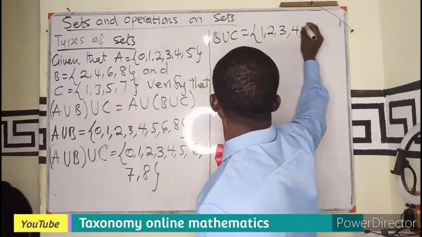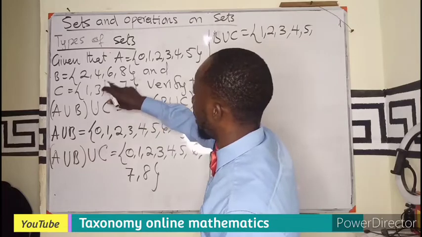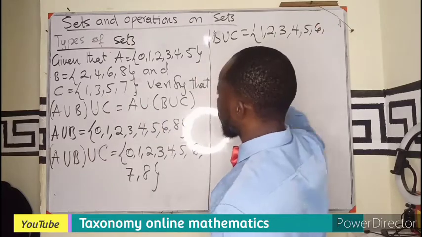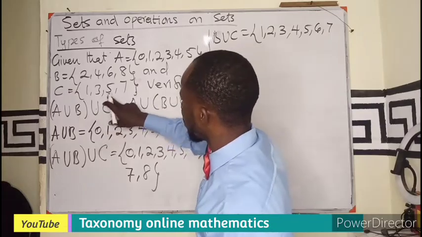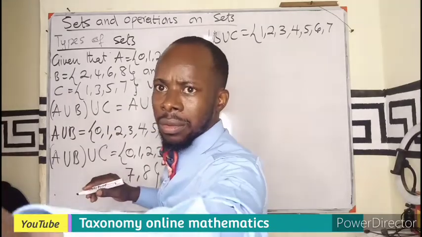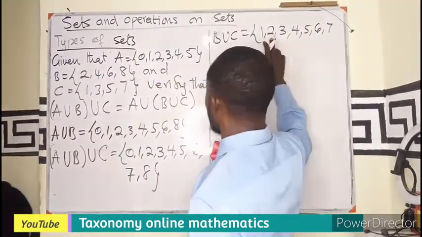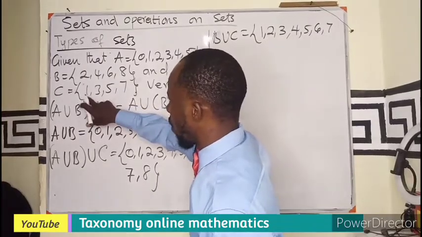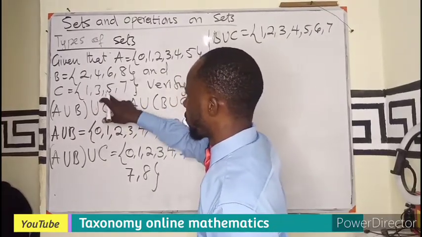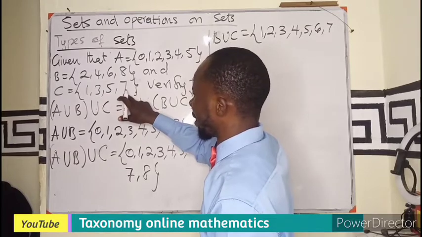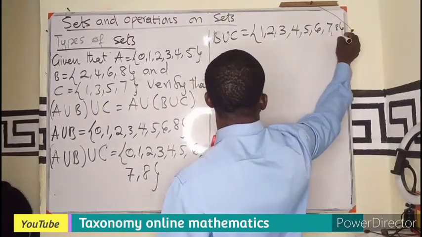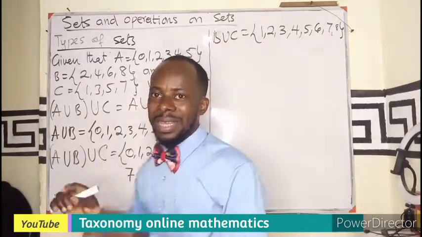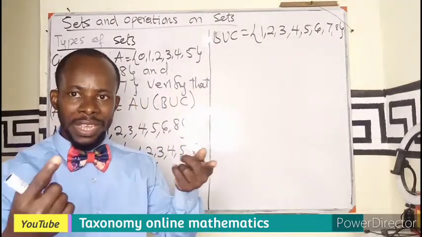So we have 5, I believe 6, 7, so we can see that combining 1, 2, 3, 4, 5, 6, 7, and 8 will be the elements of set B union C.